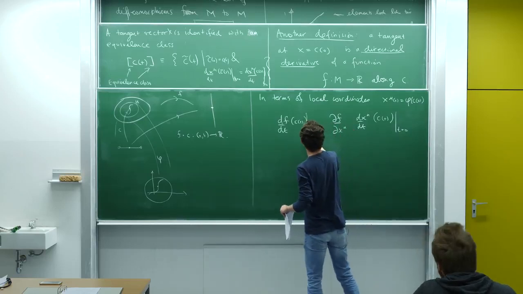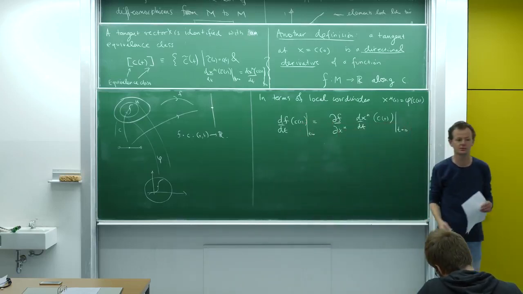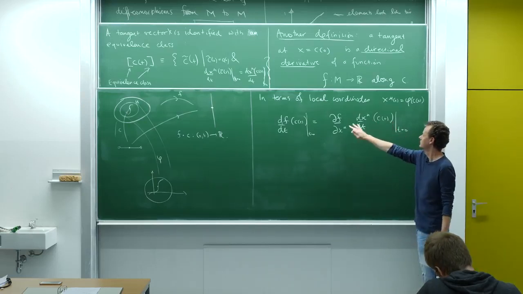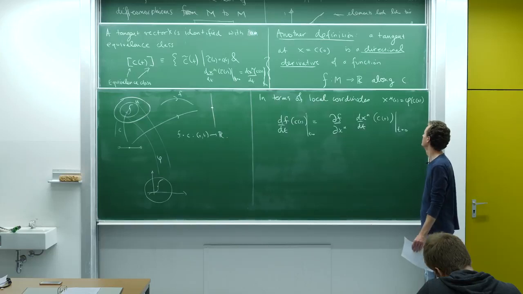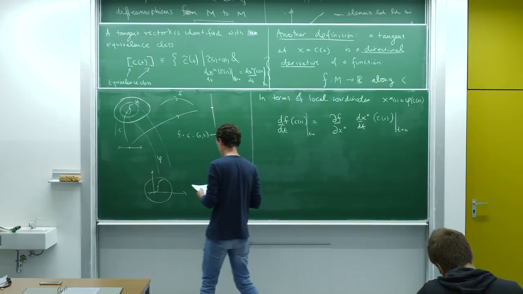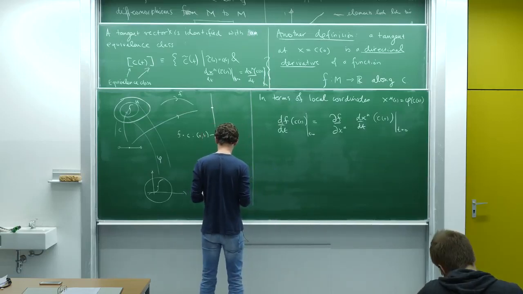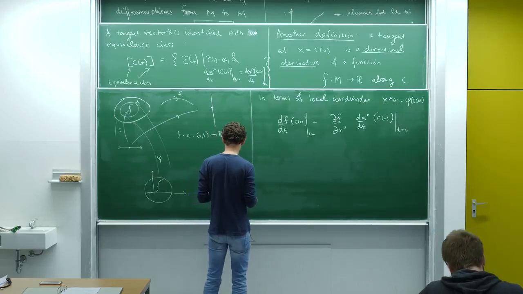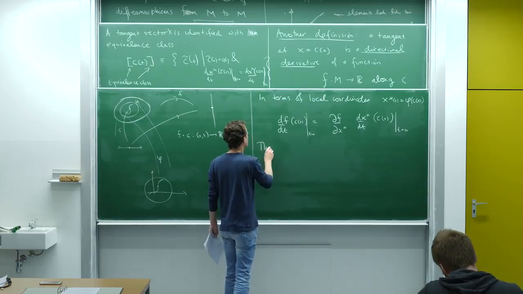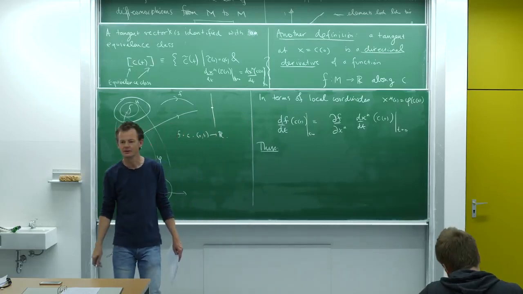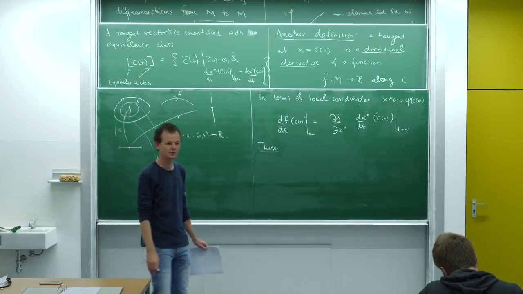So it's worth pointing out that in terms of local coordinates, the directional derivative of f, you can work it out just by using the chain rule. And this is the mind-bending part about this definition, if there is a bit.